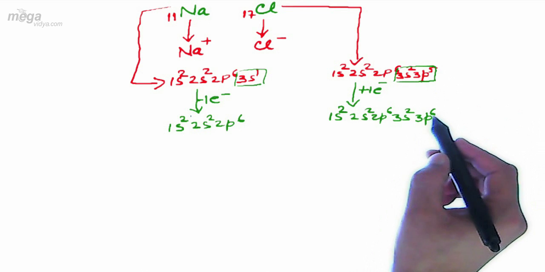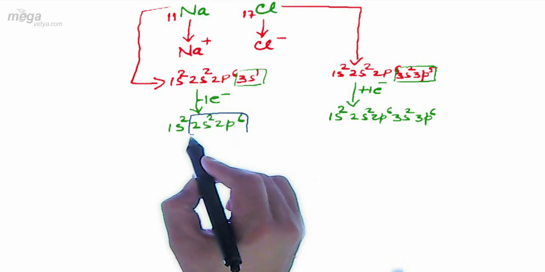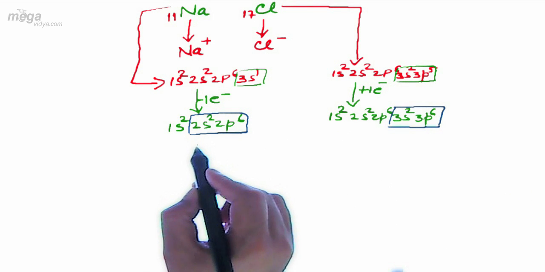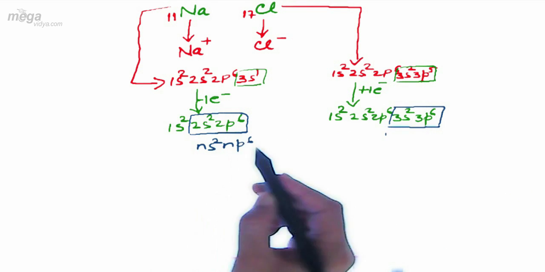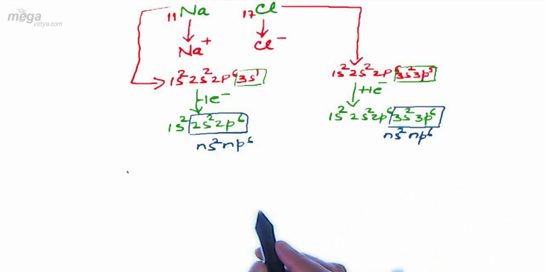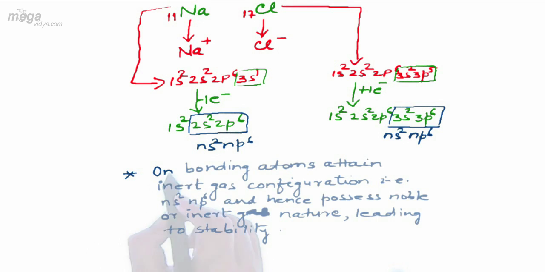Initially it was 5, now one electron has been added, so it will be 3p6. So if we observe the valence shell configuration of sodium and chlorine, it resembles the ns2 np6 configuration in both cases. So now we can conclude that during bonding, species attain inert gas configuration and hence get stabilized.